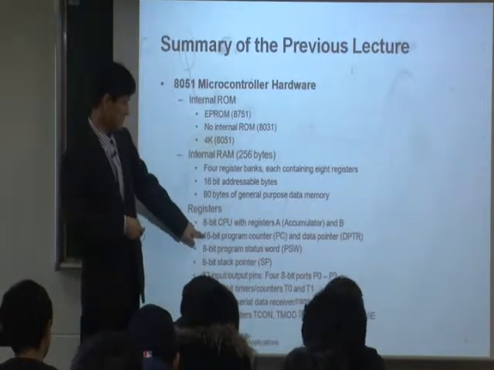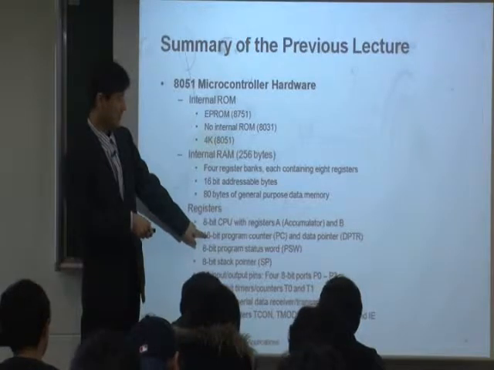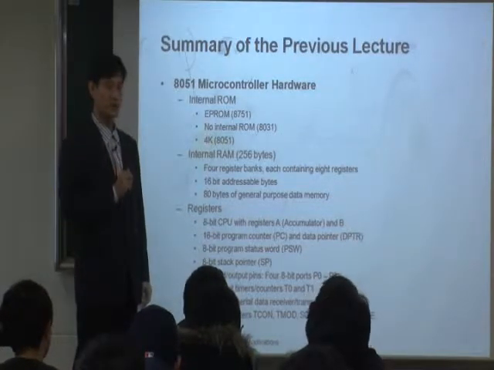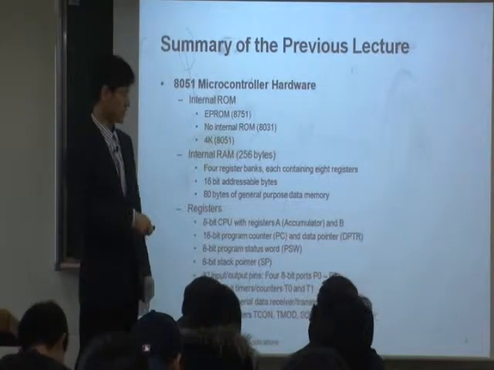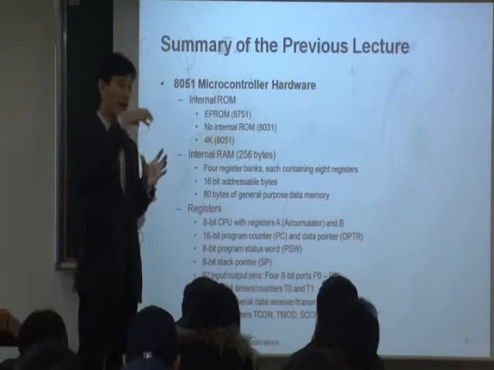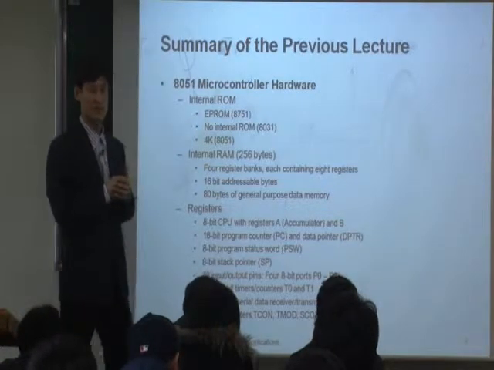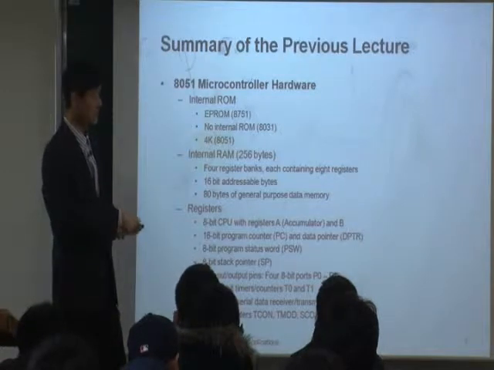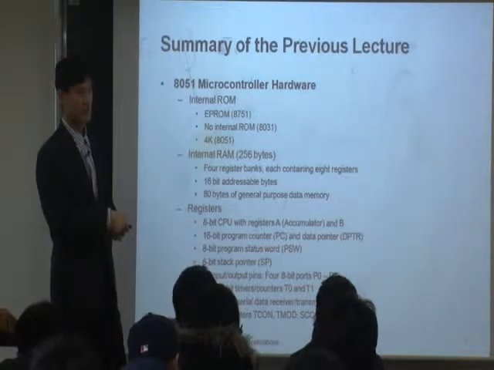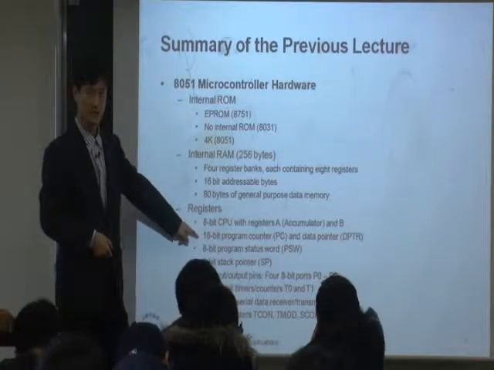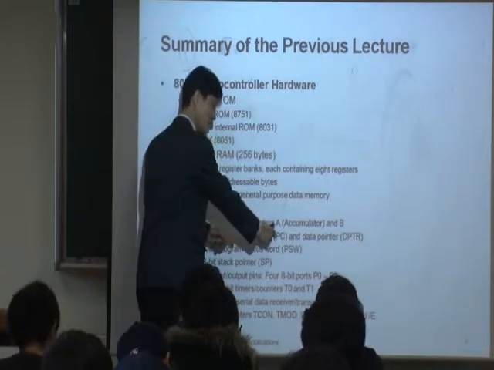But look at here, 16-bit PC and data pointer. These two registers are very special registers that contain address. Okay? This register, you have address. And our address space is 16-bit, so therefore these particular registers have to have a 16-bit size. That's why it's 16-bit.